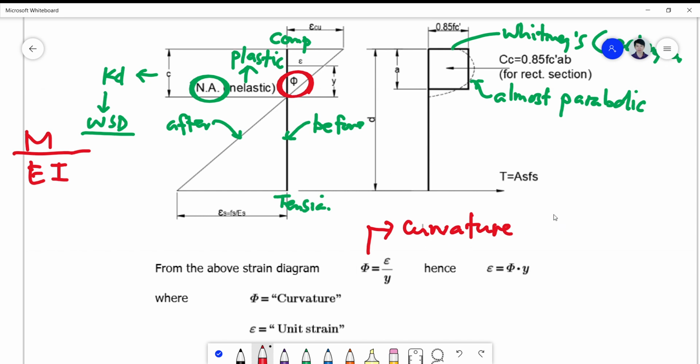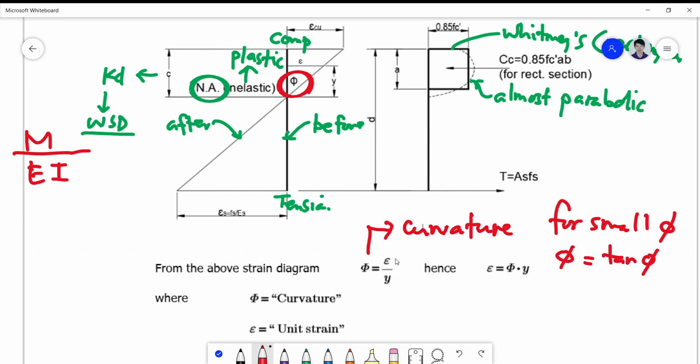But for small values of phi, we can approximate that phi is equal to tangent of phi. Because we don't anticipate very large deflection, phi will come to very small values, and therefore it is accurate to assume that phi and tangent phi are the same, in radians, of course.